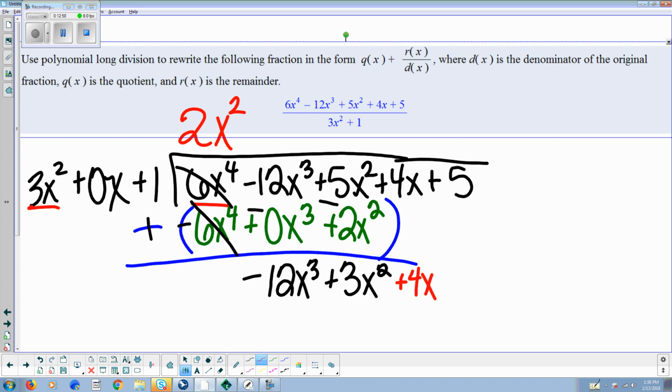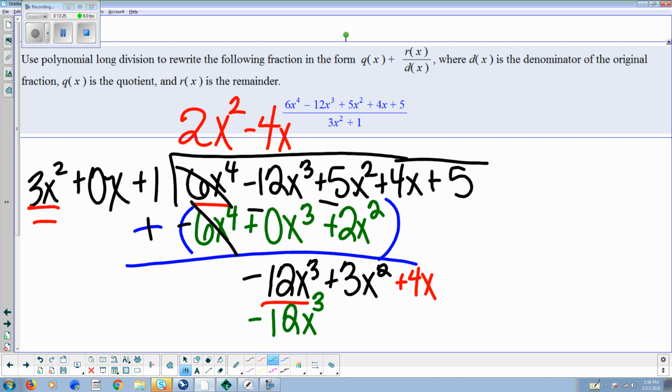Divide again. What can I multiply by 3x squared that would equal negative 12x cubed? Well, I know that 3 times negative 4 is going to be negative 12. And x squared times x would give me x to the third. Multiply. Negative 4x multiplied by 3x squared is negative 12x cubed.